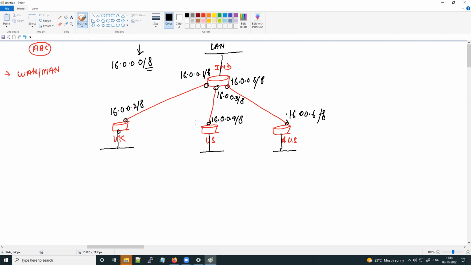Here dot 7/8, dot 8/8, dot 9/8. This is what I can do.